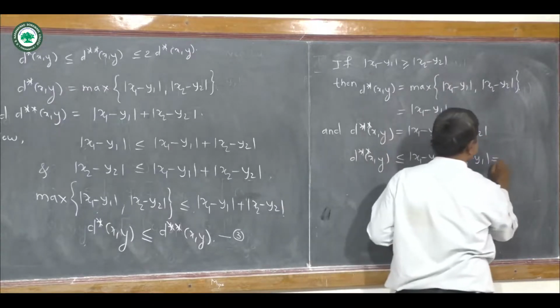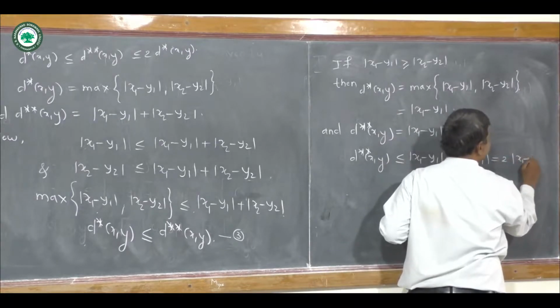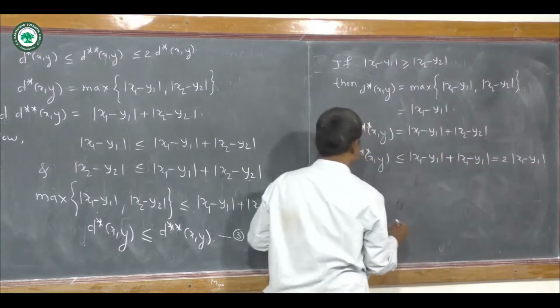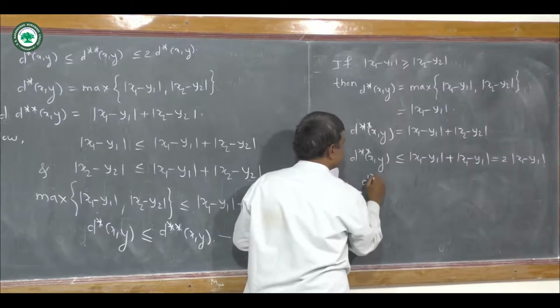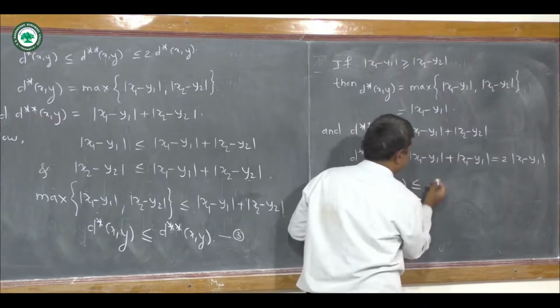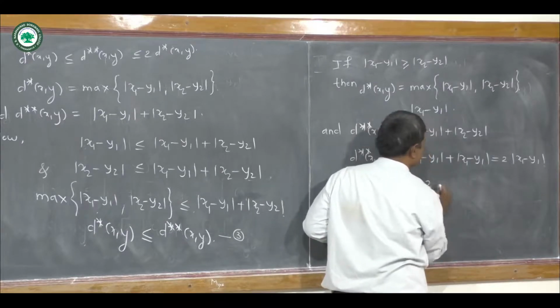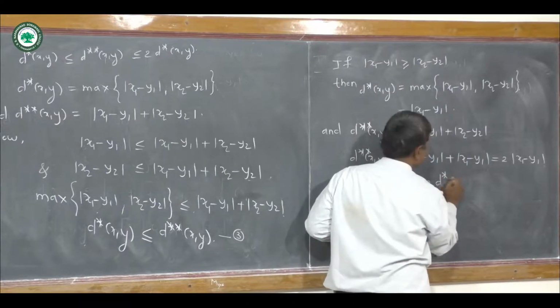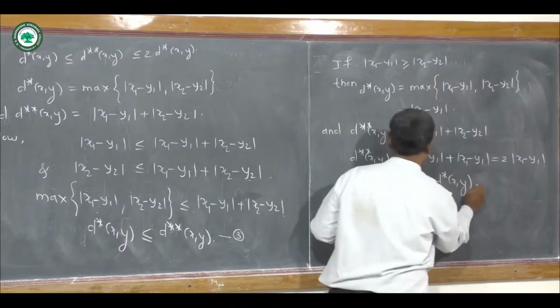So we write this as twice absolute value of x1 minus y1. Therefore d star star of x comma y is less than or equal to 2 times d star of x comma y.